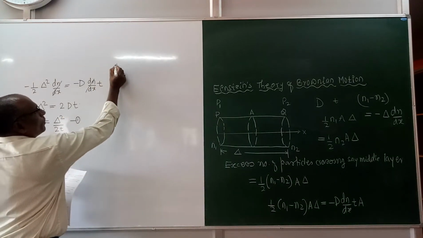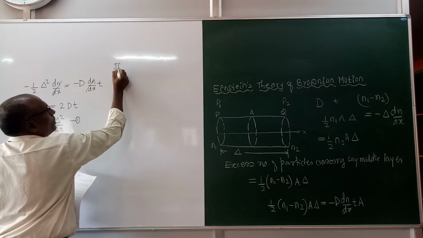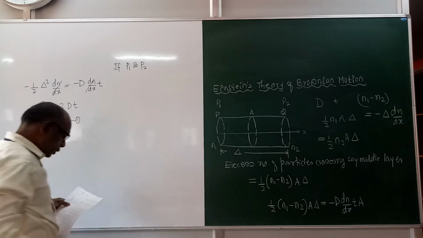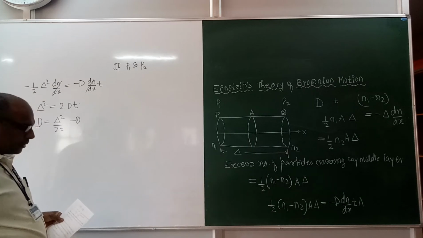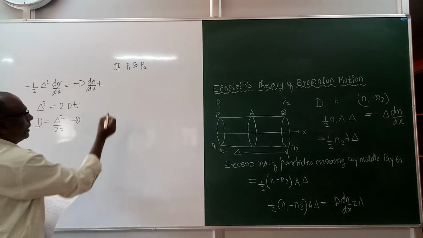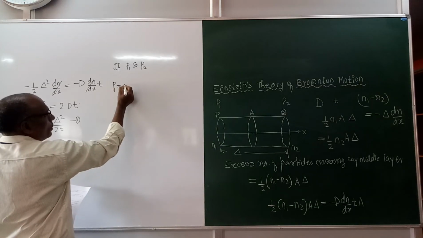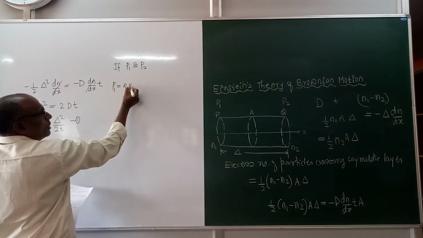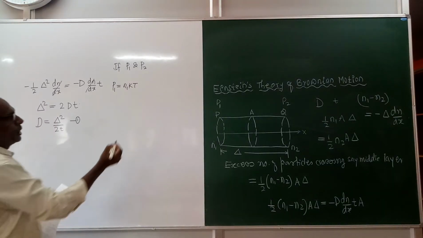If P1 and P2 are the osmotic pressures at the ends P and Q of the imaginary cylinder, then using gas laws I can write P1 is equal to N1 k T, where k is the Boltzmann constant and T the absolute temperature.